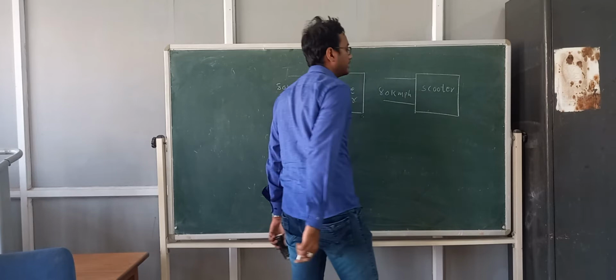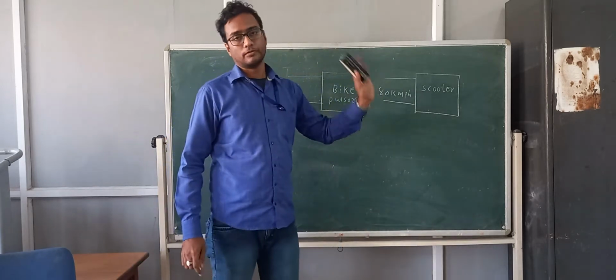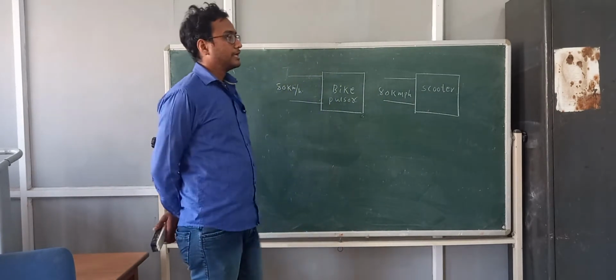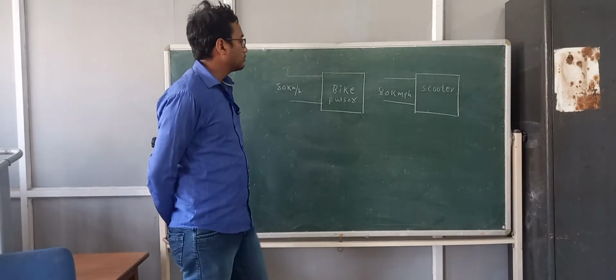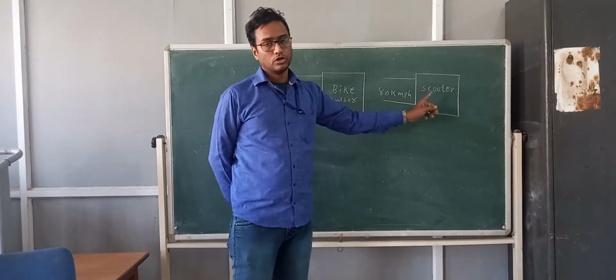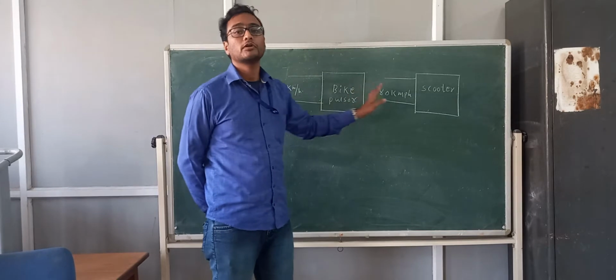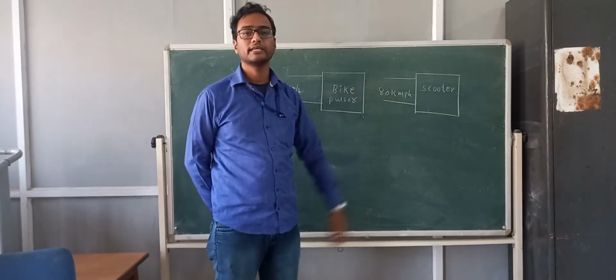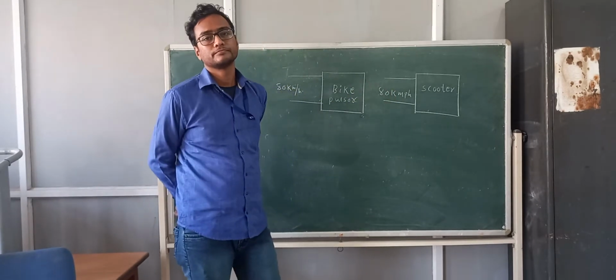I will give an input command to both bike and scooter to run at 80 kilometers per hour by giving acceleration by the accelerator.